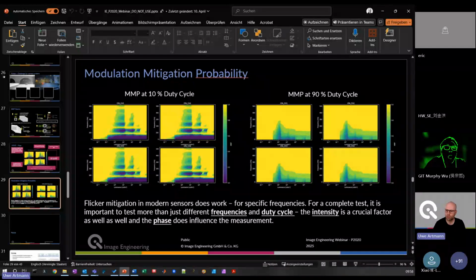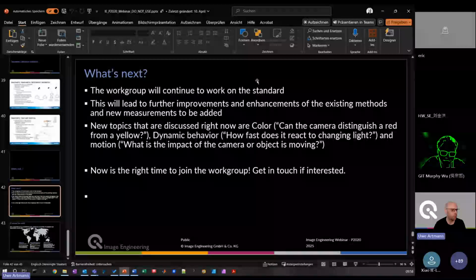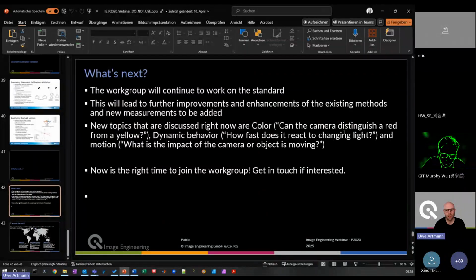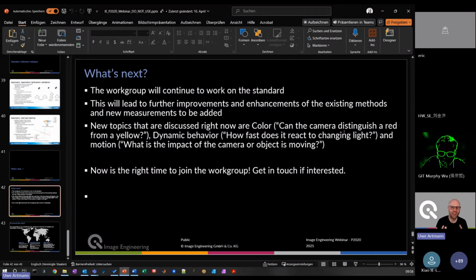There's a second question I see: there's no color requirement in P2020. Yes, we see that as a work group, and we also see that as something that is needed. Unfortunately, color has been identified, but you know how work groups are: there was no one who said, okay, I'll take the lead on the color measurement.